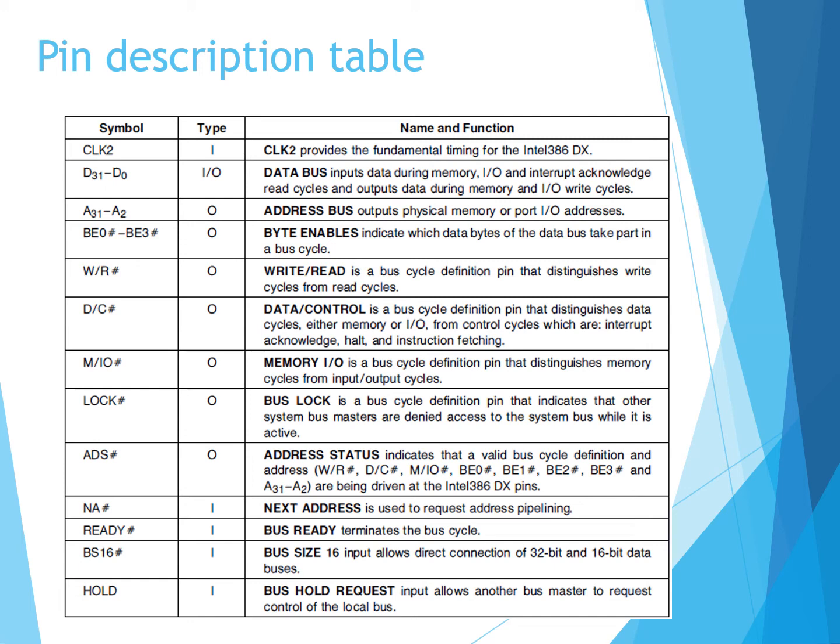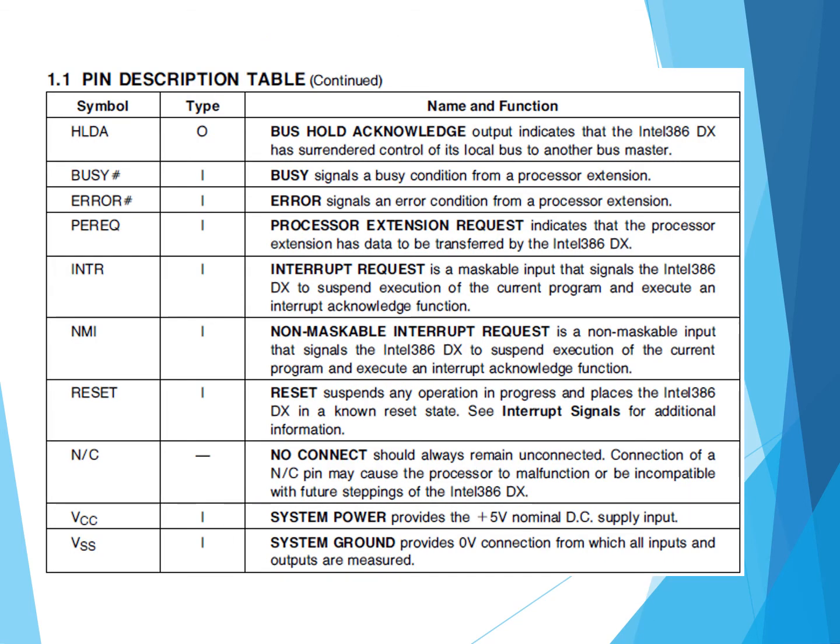Next is READY bar. Bus ready terminates the bus cycle. BS16 allows the direct connection of 32-bit and 16-bit buses. Next are HOLD and HLDA. HOLD is a request pin which allows another bus master to request control of the local bus.